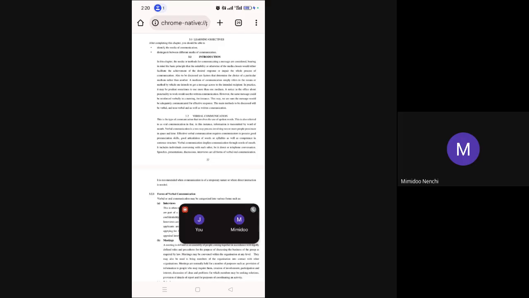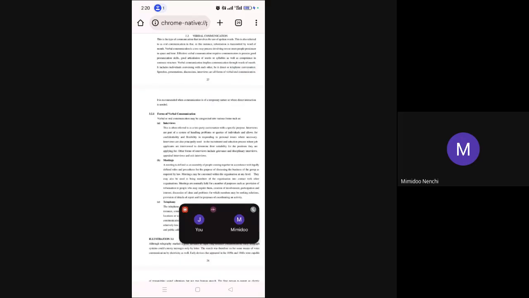So now, what are the forms of verbal communication? The first one is interviews. This is often referred to as a two-way party conversation with a specific purpose. Interviews are part of a system of handling problems or queries of individuals and allow for confidentiality and flexibility in responding to personal issues where necessary.